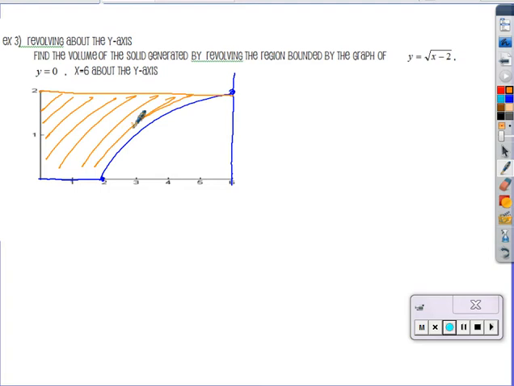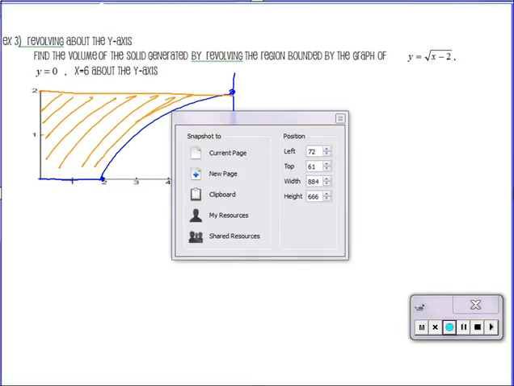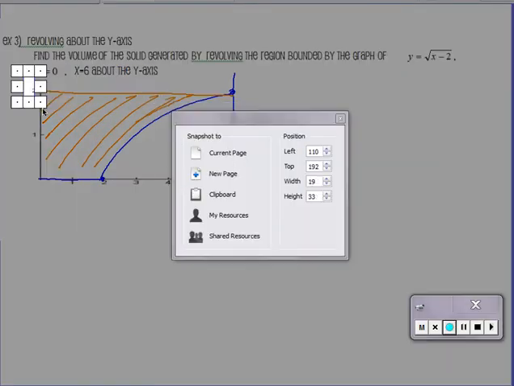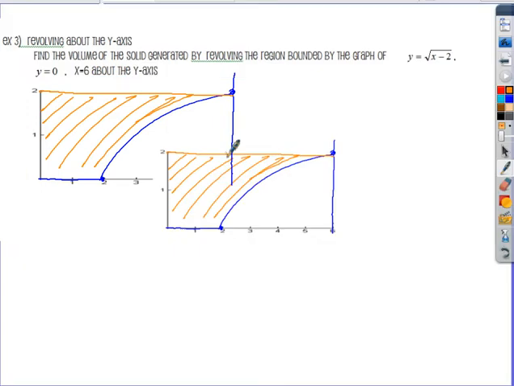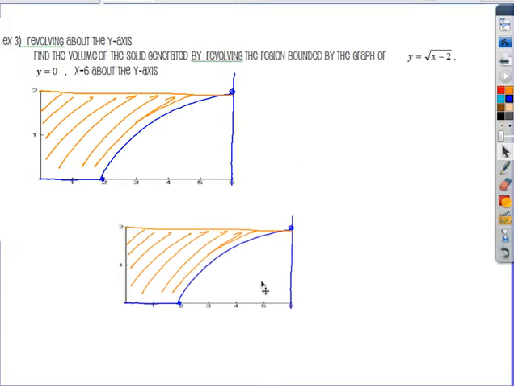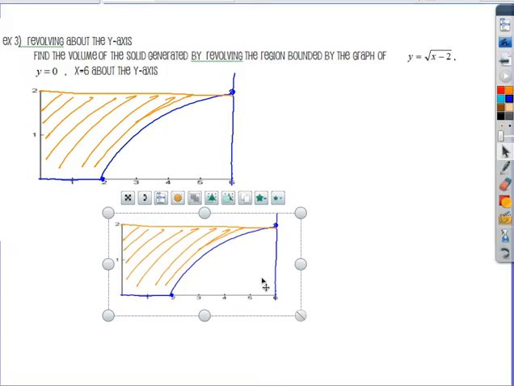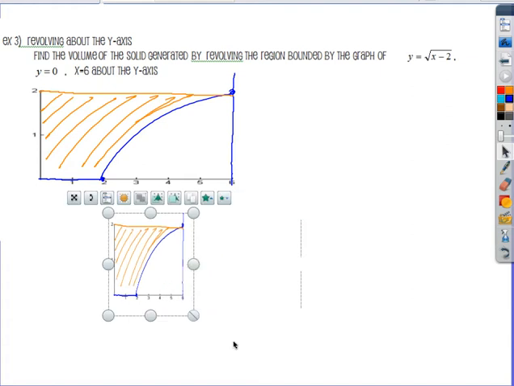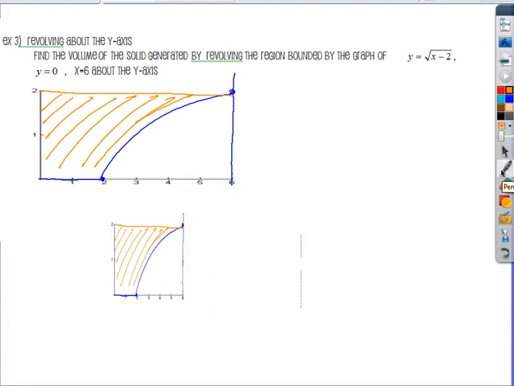Okay? Now, if you want to see what it looks like, I'm going to make it smaller. Make it skinnier so it fits. And then literally, you would reflect the shape and then draw your circle. That's what it will look like.